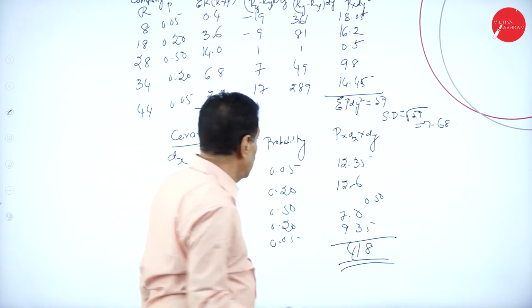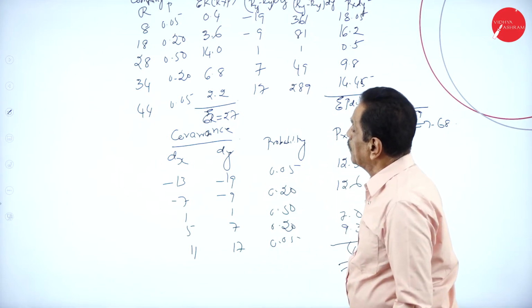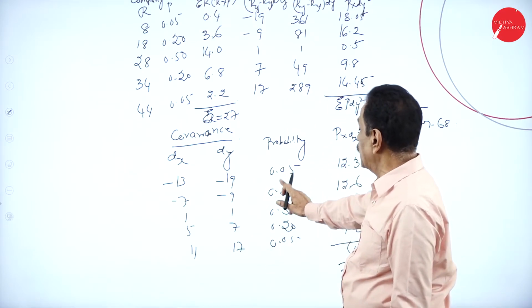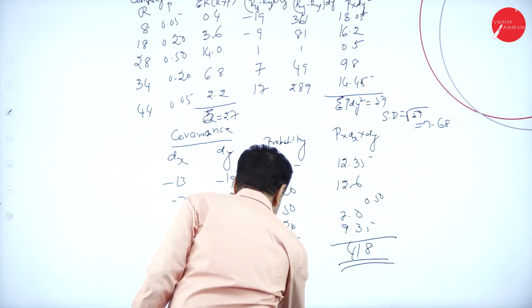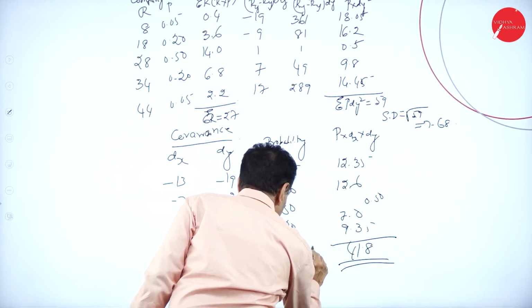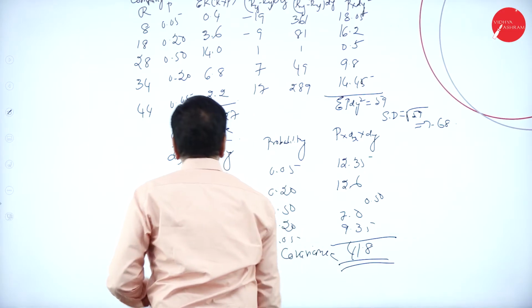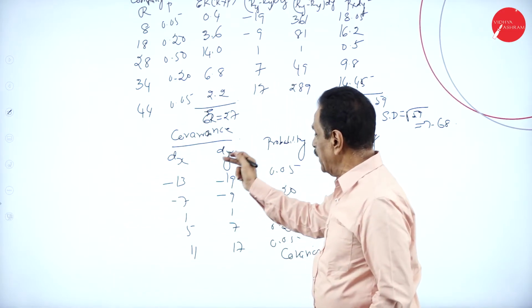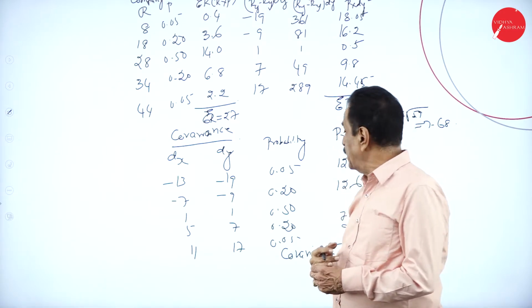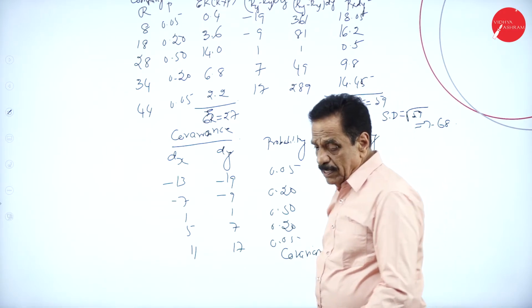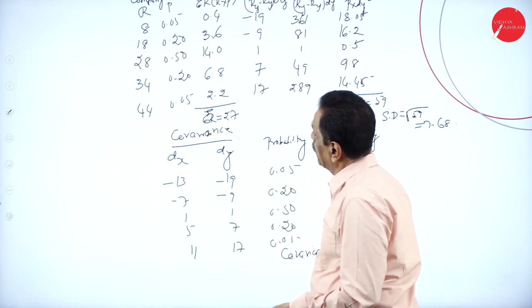What's the formula? Deviation of x, deviation of y multiplied by probability is your covariance. This goes in favor of X company, Y company. Probability multiplied, this 41.8 is your covariance.